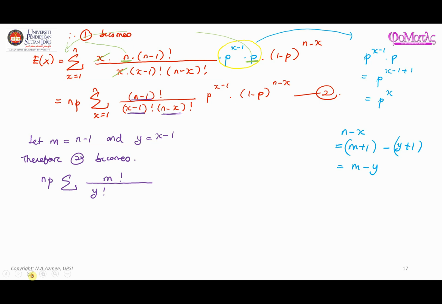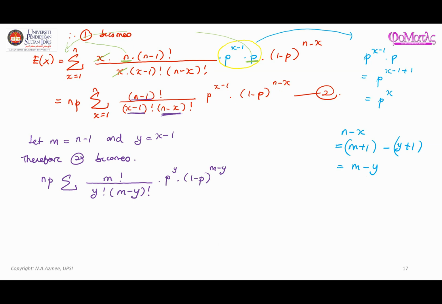That's what we're going to write down. On this part here it becomes m minus y factorial times p to the power of x minus 1, which is y, and 1 minus p to the power of n minus x, where n minus x is m minus y. We're just changing the representation of it really.